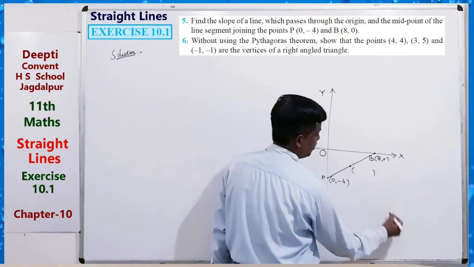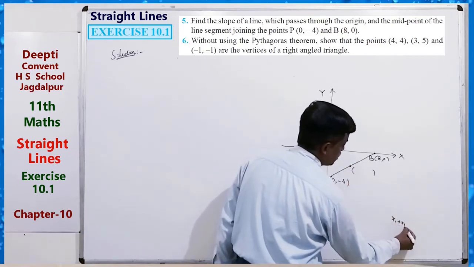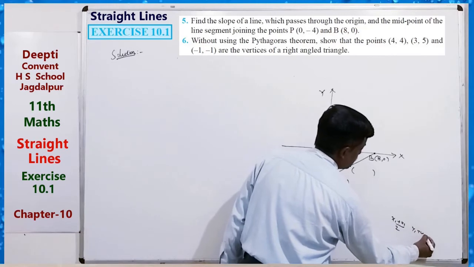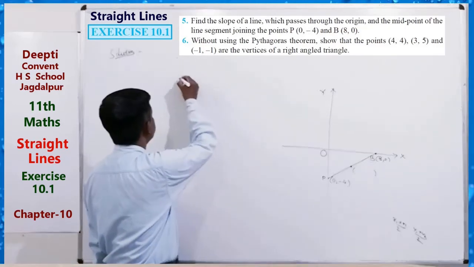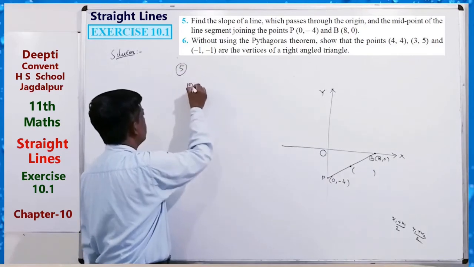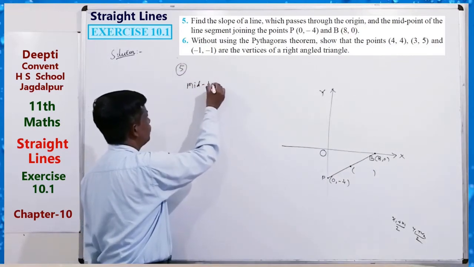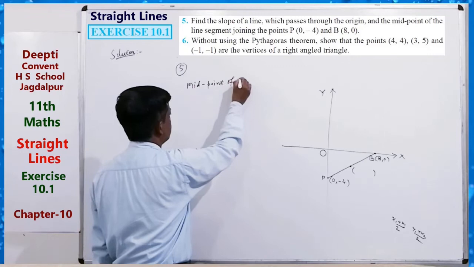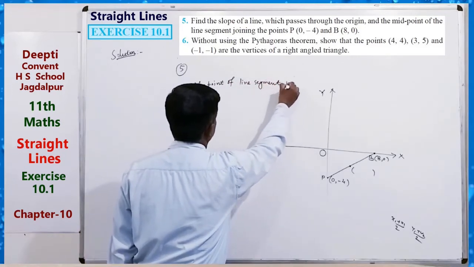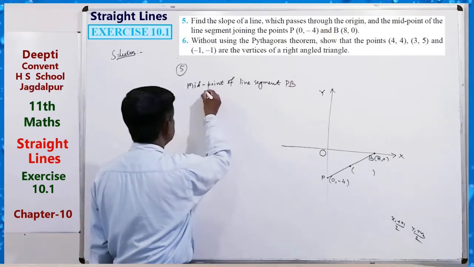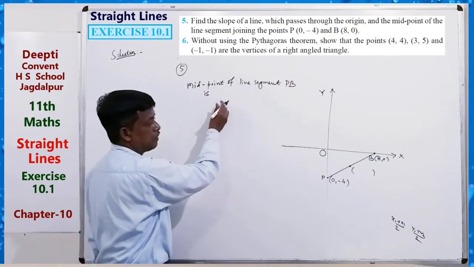How can we find the midpoint? It is (x1 plus x2) by 2 and (y1 plus y2) by 2. So the midpoint of the line segment PB is what?